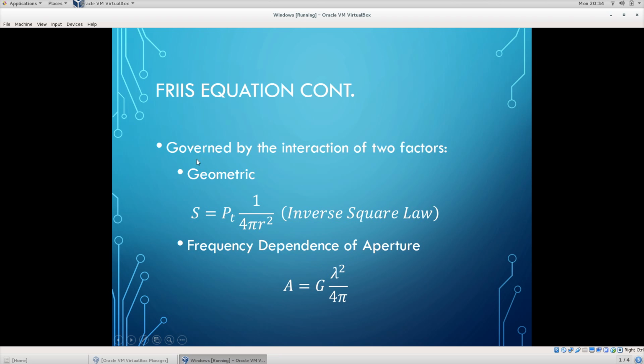So again, it's governed by the interaction of two factors. It's geometric, the inverse square law, and the frequency dependence of the aperture. In this case, we have our gain, lambda squared over 4 pi, and this is the area, or the aperture, of the antenna. The idea is that the more aperture we have, the more energy we can collect of this radiating, propagating field.